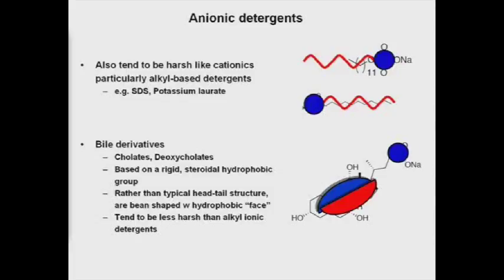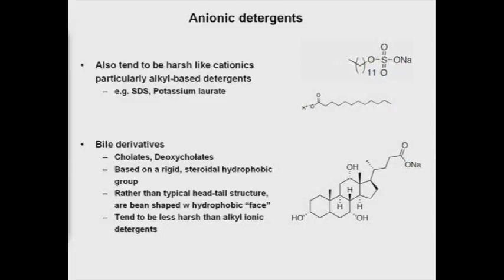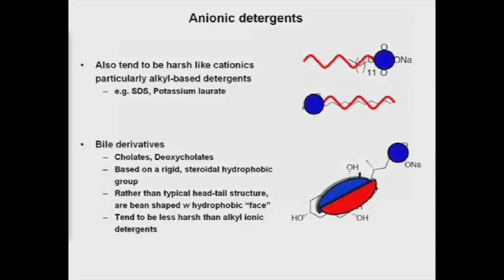Instead they form what's described as a bean-like structure, where you have a clear hydrophilic head group, but then in the tail you have a hydrophobic tail, but you have a hydrophilic face. And in this particular example here, if I remove the blue part, which represents hydrophilicity, you can see these hydroxyl side chains all poke out in the same direction. So the underside of this hydrophobic tail tends to be hydrophilic as well, and the top side tends to be hydrophobic. And so they don't form these neat micellar type structures, they form these elliptical bean-like structures.